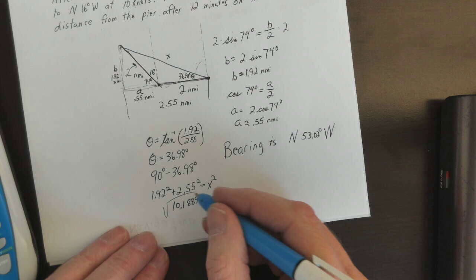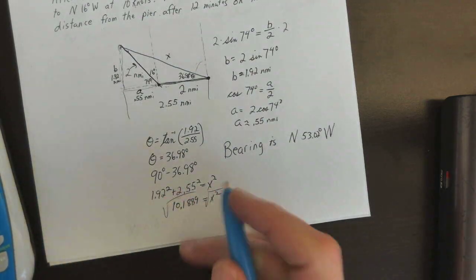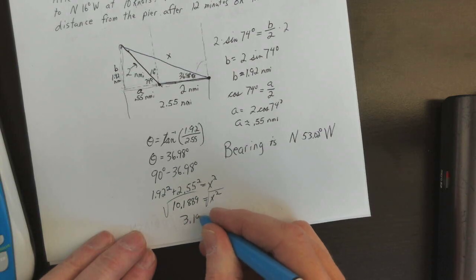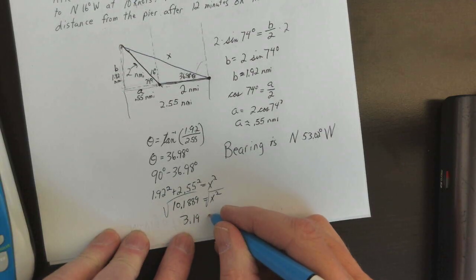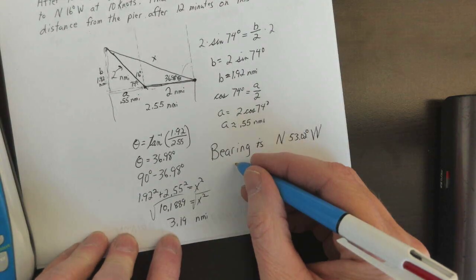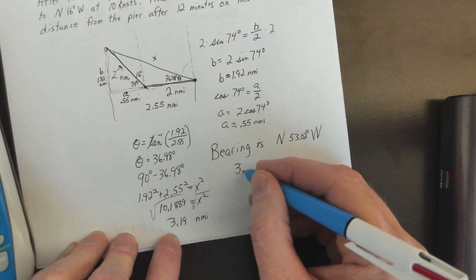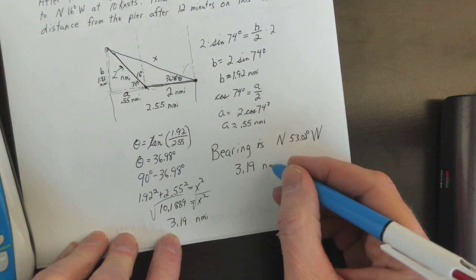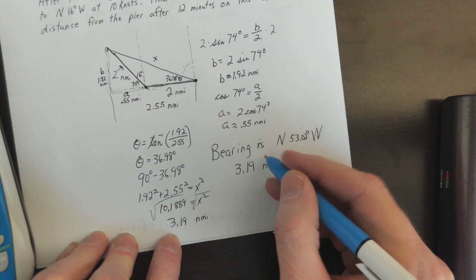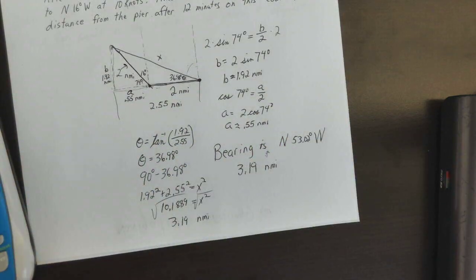And I'm going to take the square root of that. And I get 3.19 nautical miles. So we are 3.19 nautical miles with this bearing. All right.